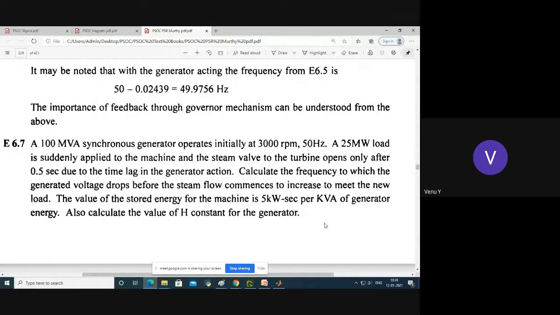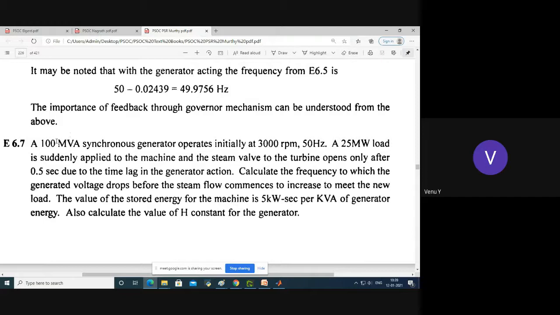Now, calculate the frequency before the steam flow commences to increase to meet the new load. And the value of stored energy for the machine is 5 kilowatt second per kVA. That is the question.